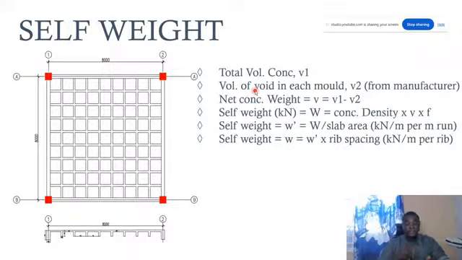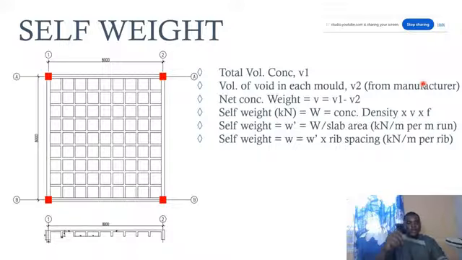These molds have standard sizes and usually come from a manufacturer, so when you are ordering, you already know their sizes. You know the volume of void that each mold has. Let's say, for example, one of the molds has a volume of void of 0.8 meter cube. That's the volume of void in one mold.